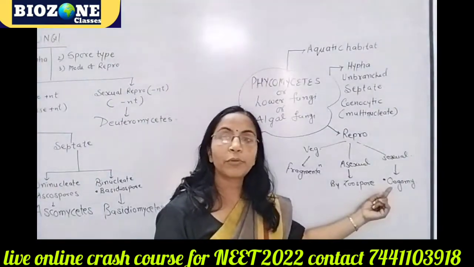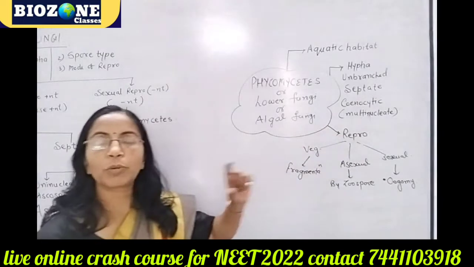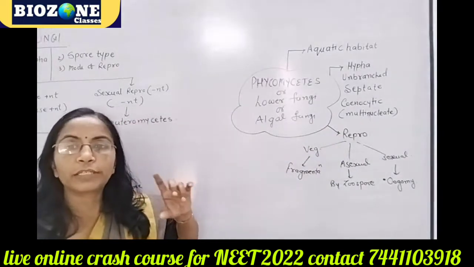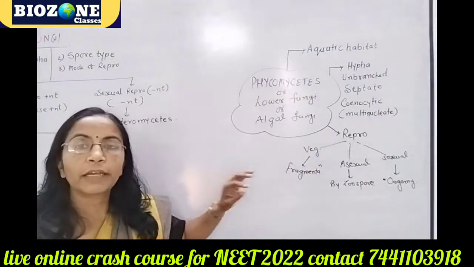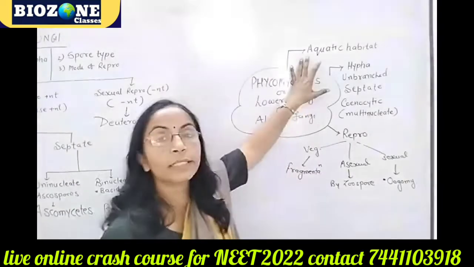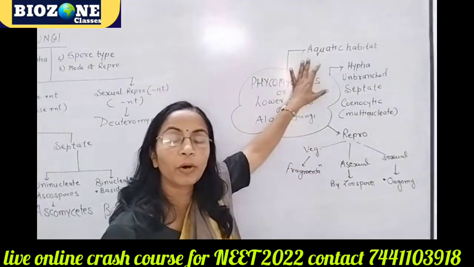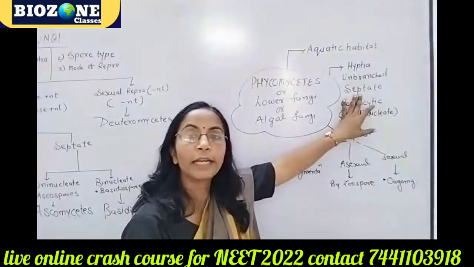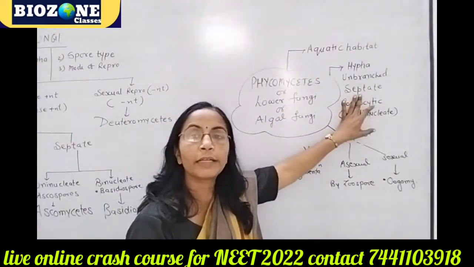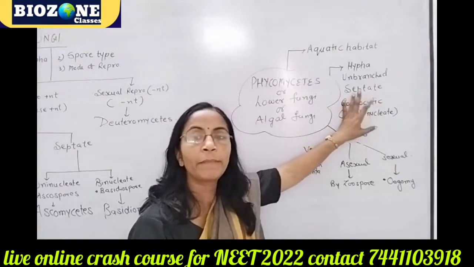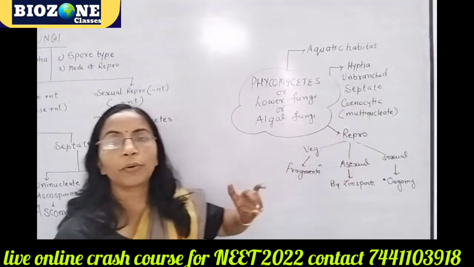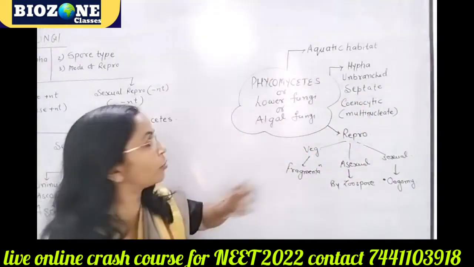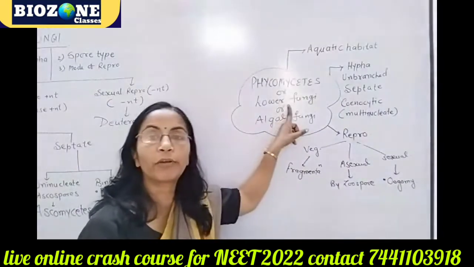So this part you remember: prepare a small chart for each individual class and decide the place where we have to write. Towards this side we always write the habitat of the fungi. The right hand side you select for writing the type of hypha. In type of hypha, you only have to remember about the lower fungi or Phycomycetes.